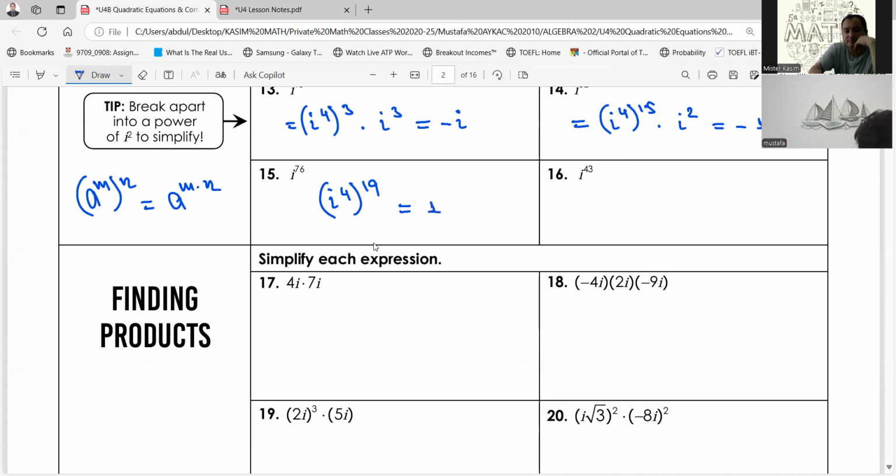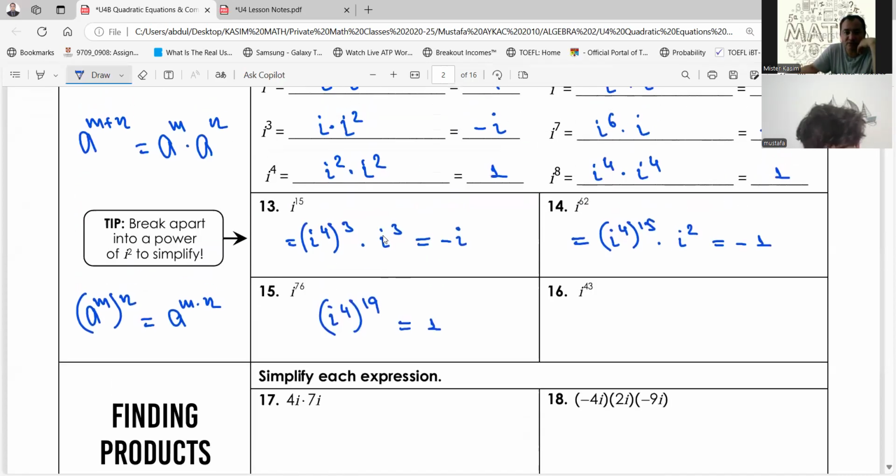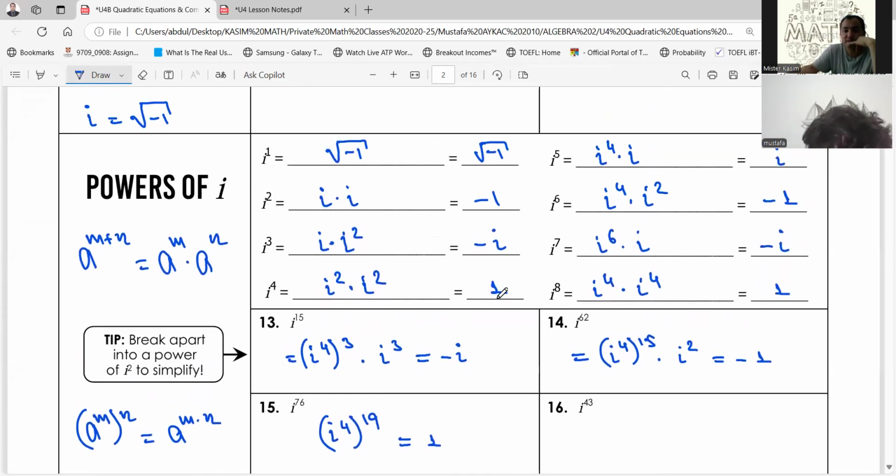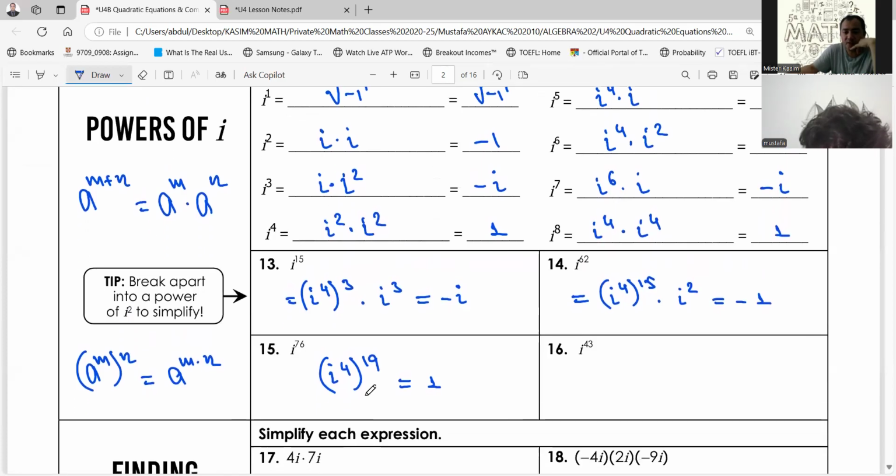No, just 1. Because i to the power of 4 is 1, right? We calculated here. And 1 to the power of anything is 1.